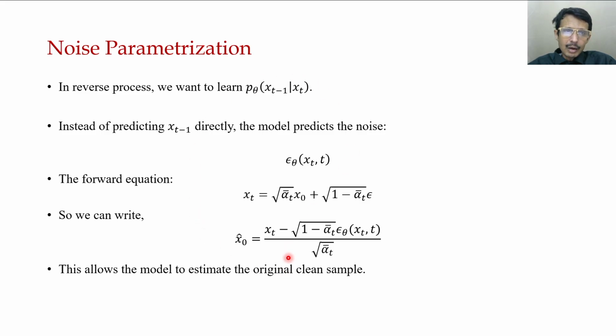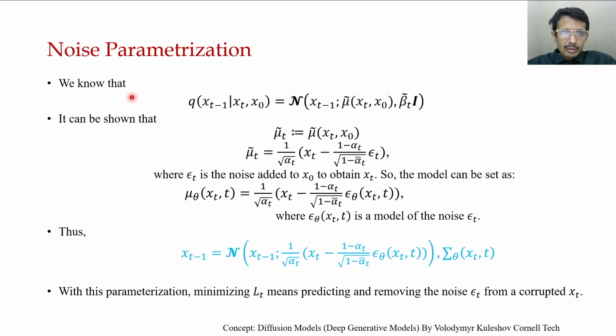Now let's see how we can do it. We know that q of xt minus 1 given xt comma x0 is this Gaussian distribution. Now this mu t tilde is mu of xt comma x0.